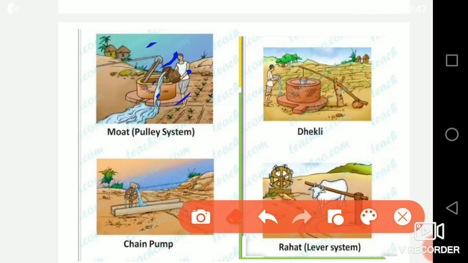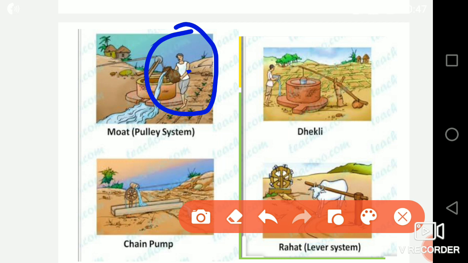Then this man will lift the water and pour it into the canal. With the help of the canal, the water reaches the field.